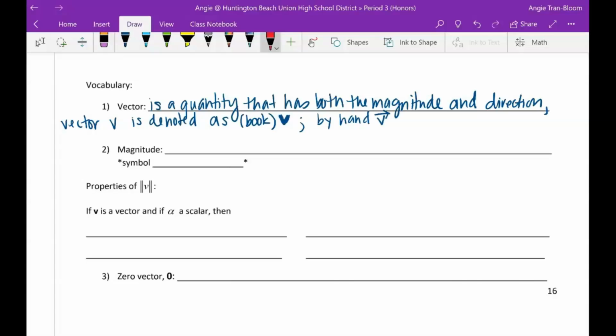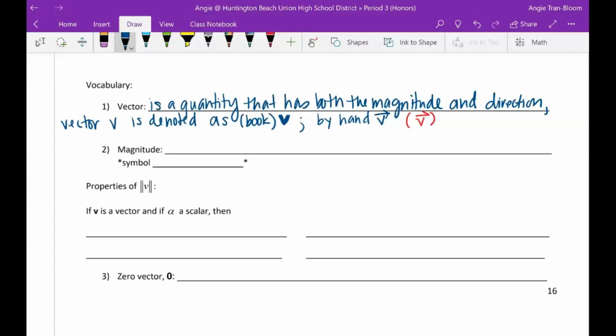Writing both parts of the arrow is too long, so myself, I write just with one arrow. If you see letters with arrows, that means they're vectors when you're writing by hand.